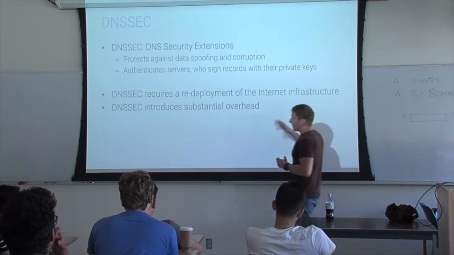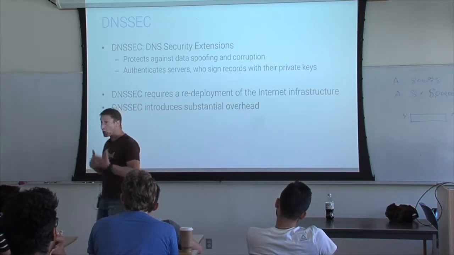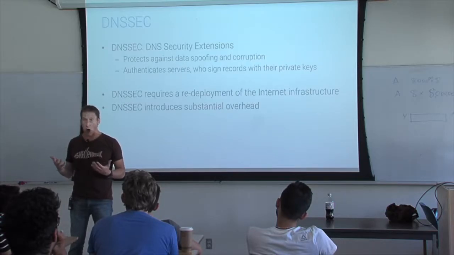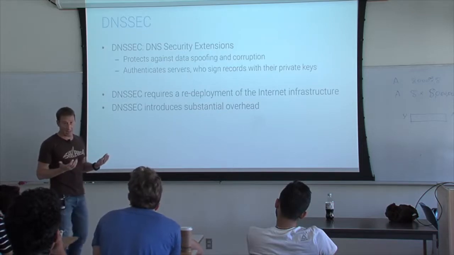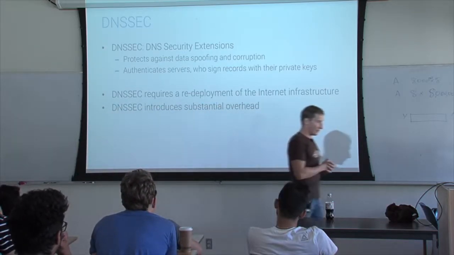The problem is that DNSSEC needs big changes in a critical part of the infrastructure. DNS is something that we rely on a regular basis, and it also introduces overhead because you have to sign, encrypt, resign, and so forth.